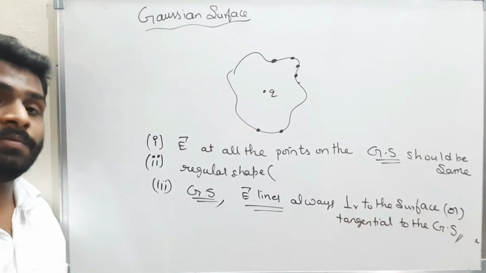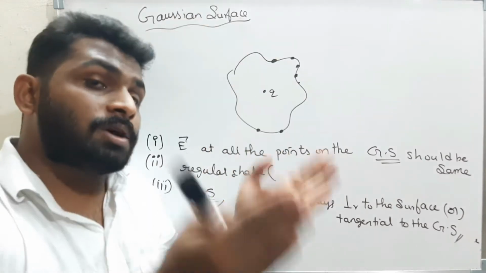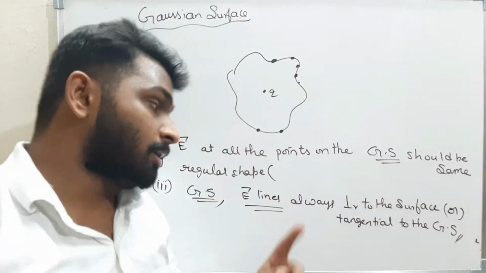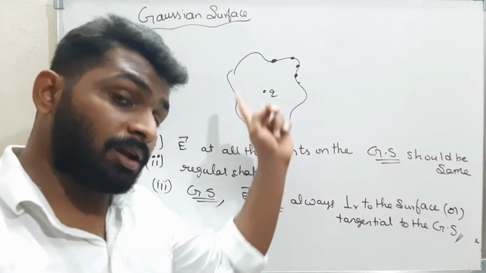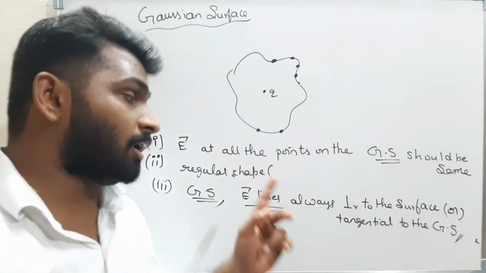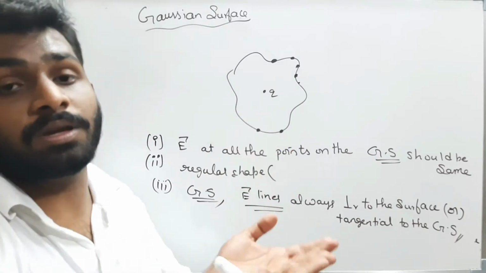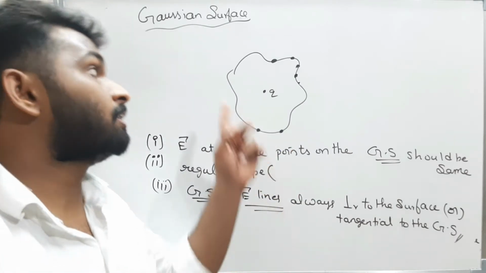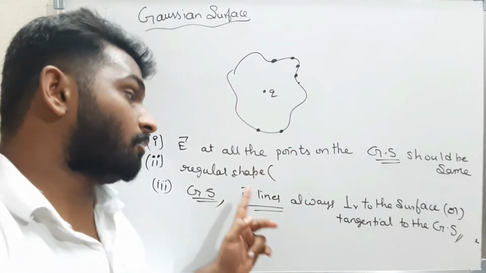Observe carefully. First one, on the Gaussian surface, everywhere the electric field intensity must be the same. Second one, the Gaussian surface should be taken in regular shapes so that we can solve the problems very easily. If we take irregular shapes, we don't know the surface area, then we can't find the flux easily. Therefore, you have to use regular shapes.